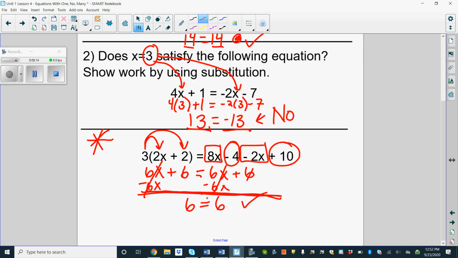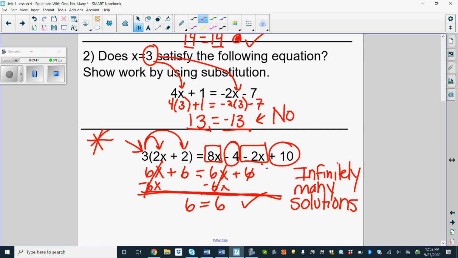So this means that this entire original equation has infinitely, I'm going to spell it out, infinitely many solutions. So that means no matter what value of x I substitute in here, here, and here, I will always get a number equal to the same number.